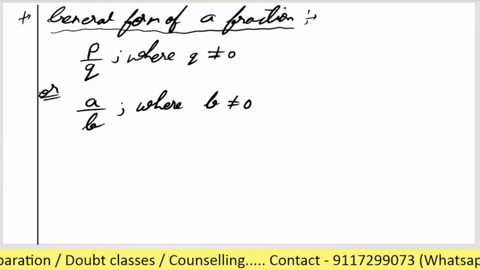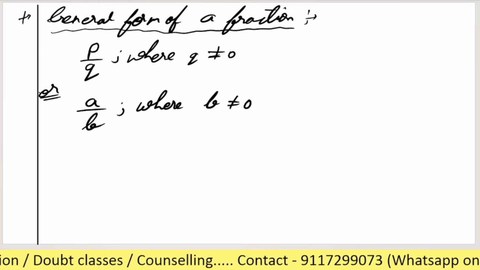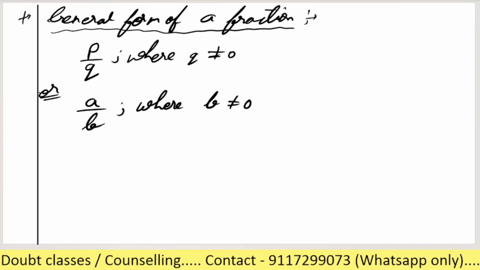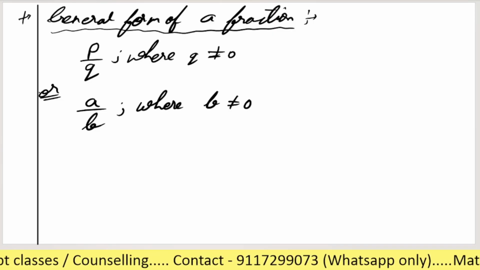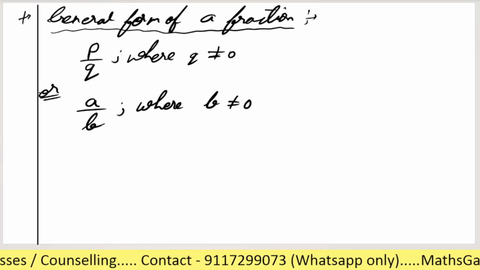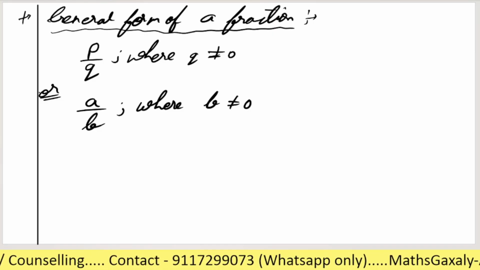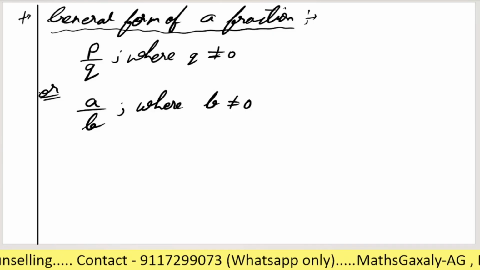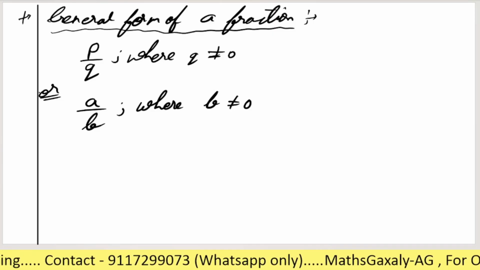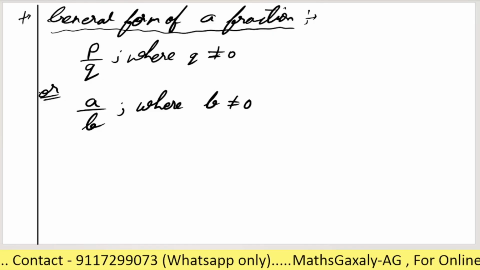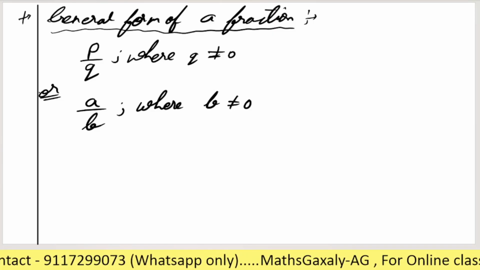Here p, q, a, b are variables, right? Variables mean whose value can vary, and constant means whose value is fixed. So 2 by 3, 2, 5, 7 are constants, right?